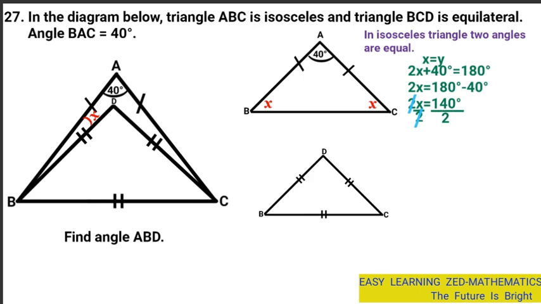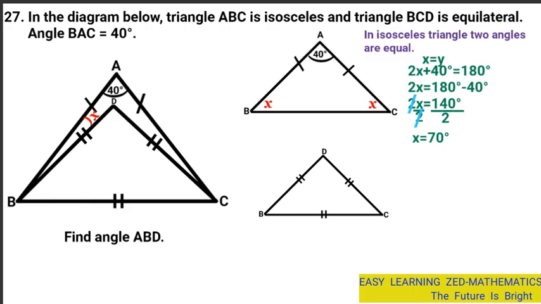Then 14 divided by 2 gives us 7, and the 0 comes down to the quotient, so it becomes 70 degrees. So the value of x is 70 degrees.